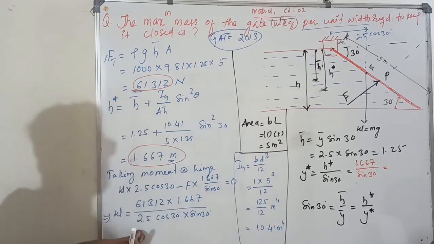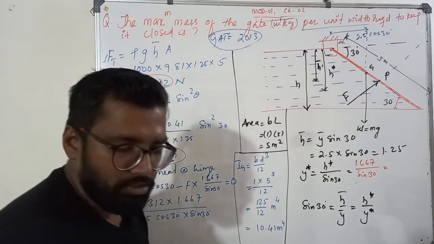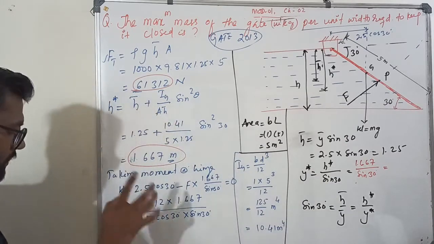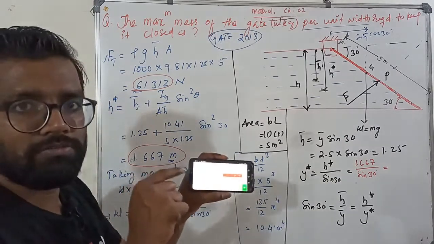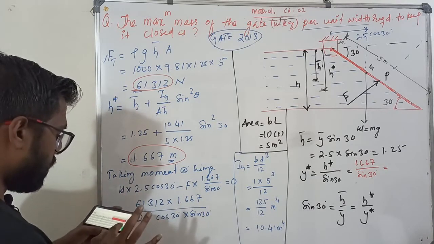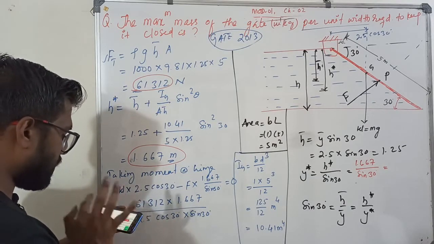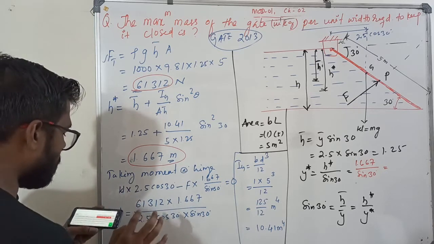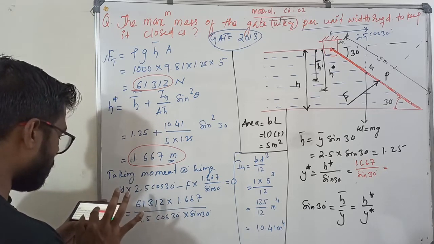This is what you will get. What value will you get? You will get W. Here you won't get mass, you will get the weight. So with me, take virtual calc. Solve it. 61312 multiplied by 1.667 divided by 2.5.